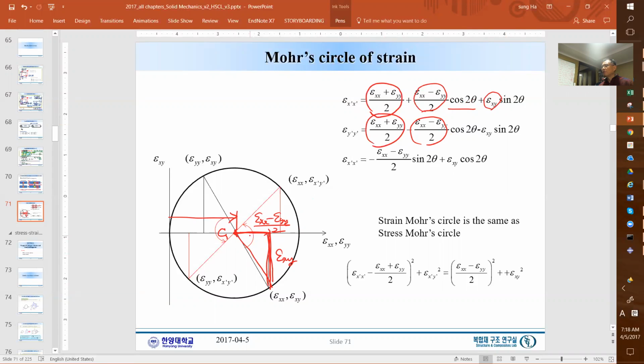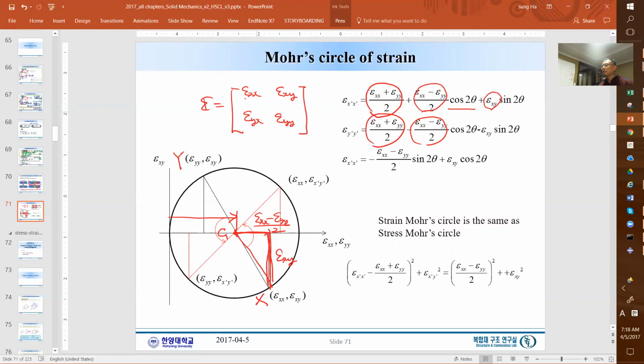So here, let's say we transform from, we used to call this one x, right? And we used to call this one y. I will write here, strain can be epsilon xx and epsilon xy and epsilon yy and epsilon yx.